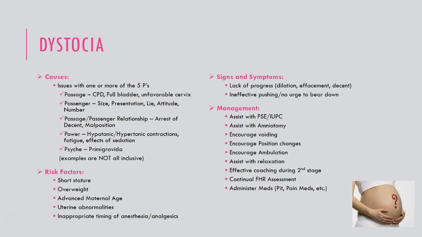Assisting with relaxation, because patients who are very tense will actually hinder the labor process and the process of contractions. So helping your patient to relax can contribute to helping dystocia be not as severe or even go away completely. Effective coaching by the nurse during the second stage, and then continual fetal heart rate assessment.